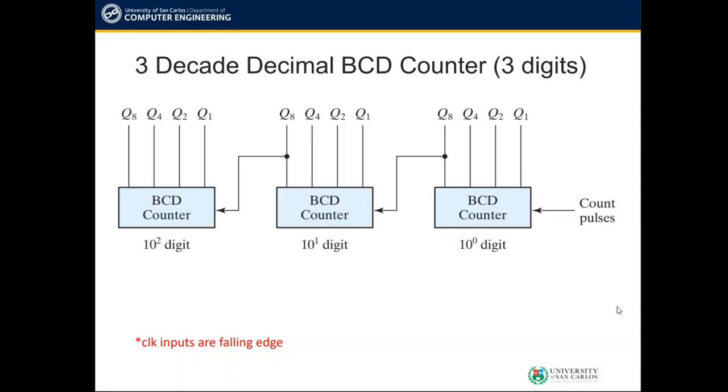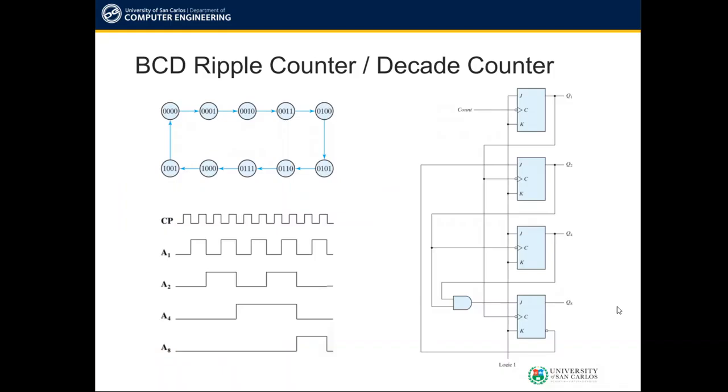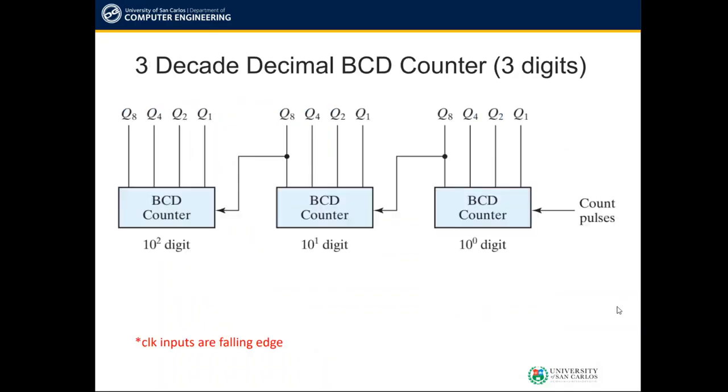So this is now the example of using a BCD counter. Since this is a BCD, it is counting as 1 digit of your decimal. So when we create a 3 decade decimal BCD counter, it looks like this. We use the value of your Q8 for the next clock input of your next BCD counter.